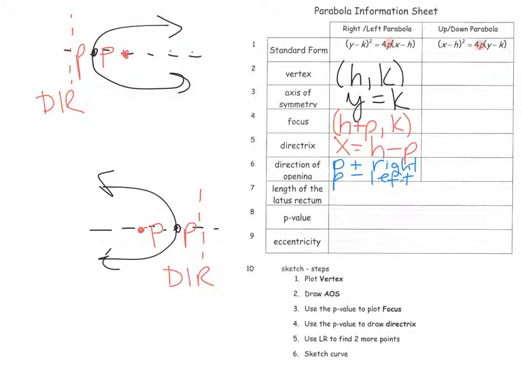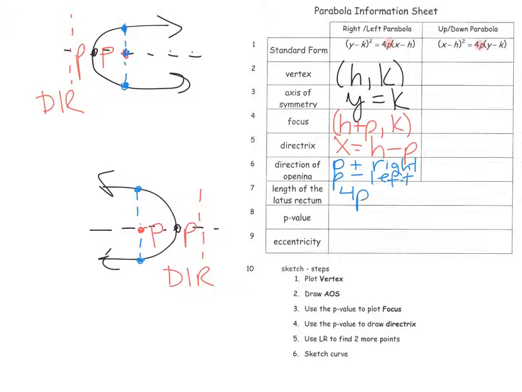And there's this other thing, and it's called the latus rectum. I know that's funny, but the latus rectum goes through the focus. So you're going to see that in blue. It goes through the focus and connects one point on one side of the parabola to a point on the other side. And the whole length of that latus rectum is 4p.